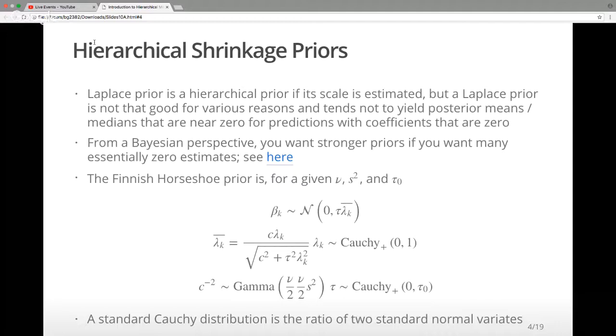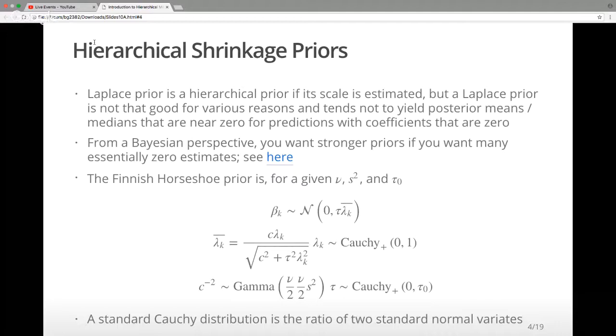In any event, lambda k has the so-called half Cauchy prior on it, which means the absolute value of a Cauchy, so flipping the negative part over to the positive part of the real line. And then that leaves us a prior distribution on c. So you can think of the reciprocal of c squared as having a gamma prior, or you can think about c squared as having an inverse gamma prior. And we learned about the inverse gamma distribution last week.